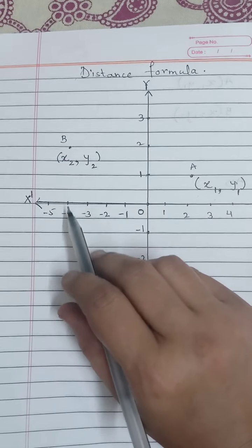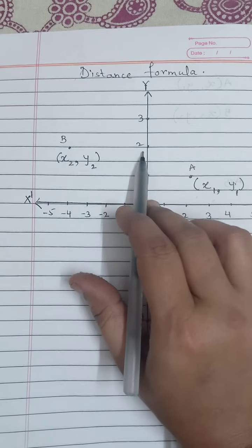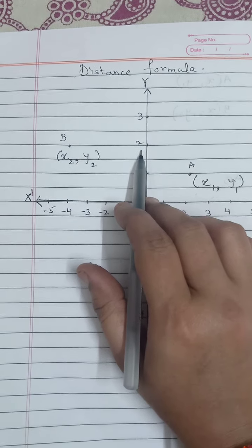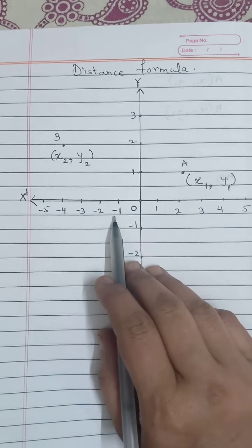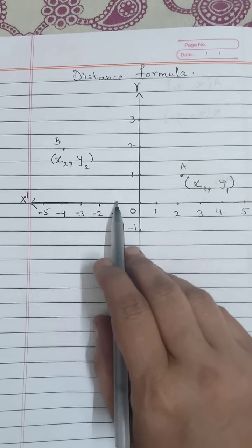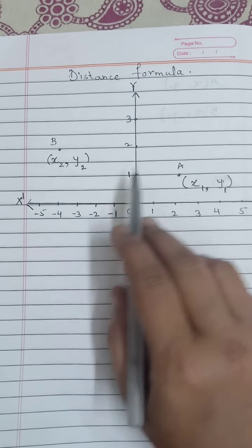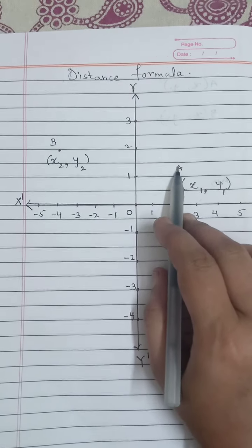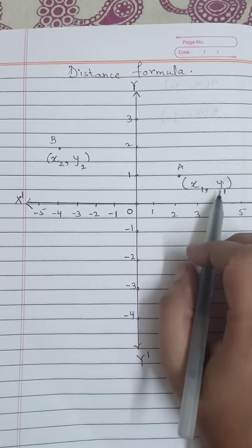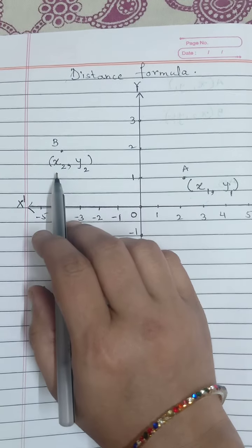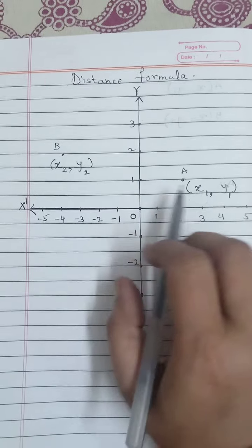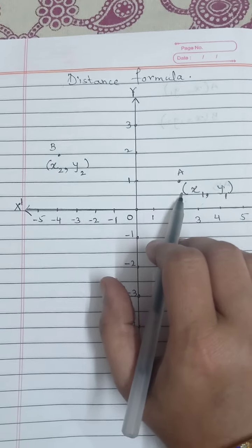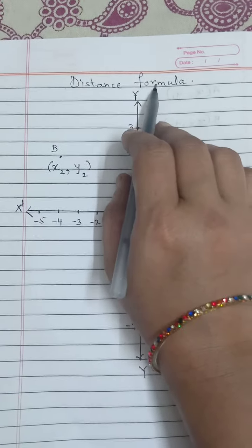And B has x coordinate minus 4 and y coordinate 2. Like that, the values will be given to you in the practice set, and I will explain when I solve the sums. You only have to remember that the first point is x1, y1, and the second point is x2, y2. Using this general form of coordinates, we will see the distance formula.